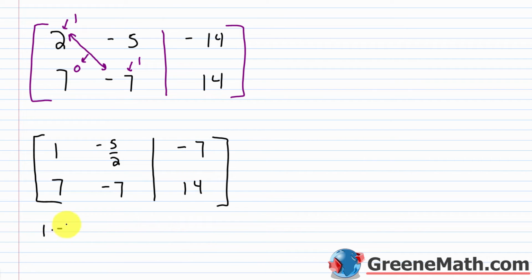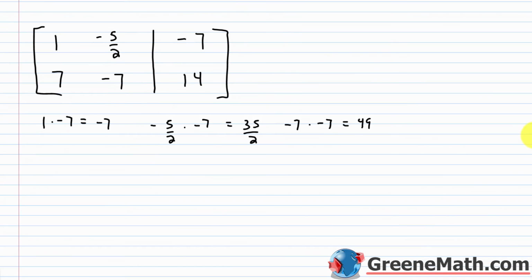Well, 1 times negative 7 is negative 7. Negative 5 halves times negative 7 would be 35 halves. And then negative 7 times negative 7 is going to be 49. So I'm going to take that information and add it to each element here. This row 1, I'm just going to keep the same. Remember, I don't have to change it.